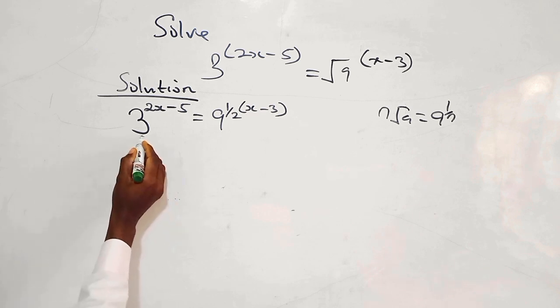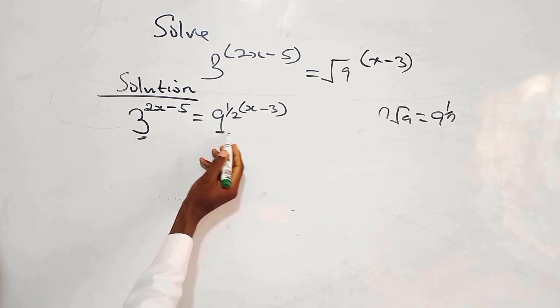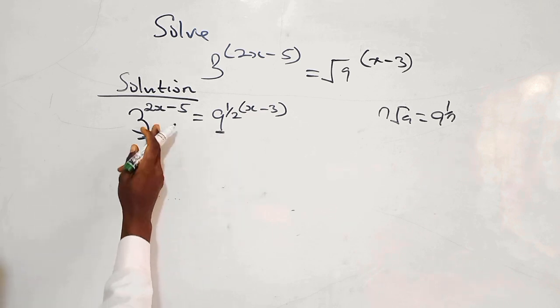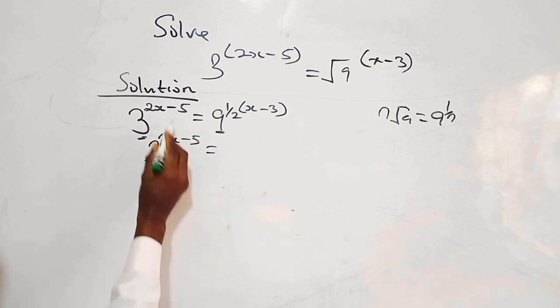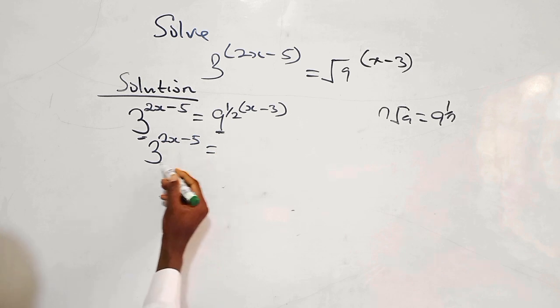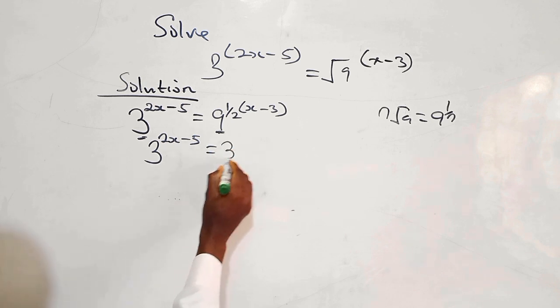So I want to put this in the same base, to have the same base of 3. So here I have 3 raised to power 2x minus 5, which equals, for 9 I can put it in index form, which is 3 raised to power 2. 3 times 3 is 9.